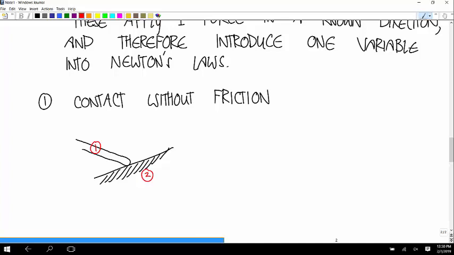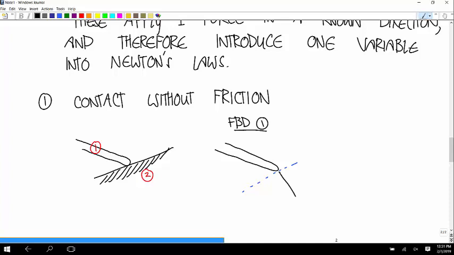Okay, so let's think of what the free body diagrams look like for these two bodies. So free body diagram for body 1. Okay, and the ground was at an angle like this. And so the force has to be perpendicular to that.